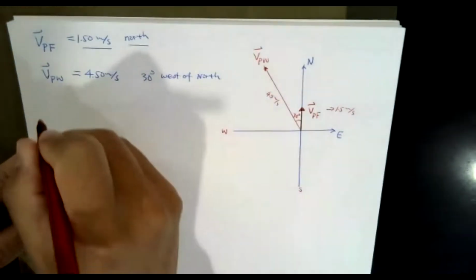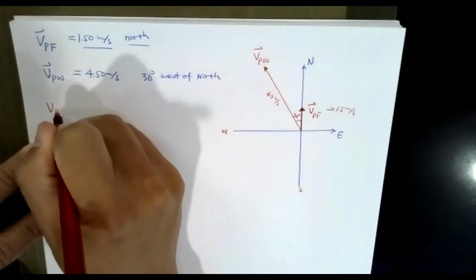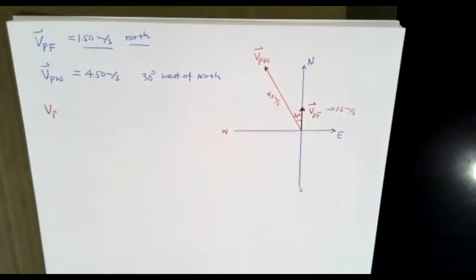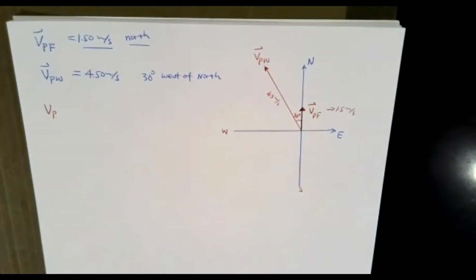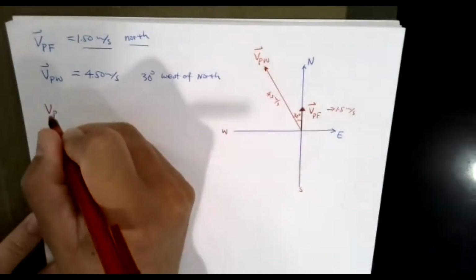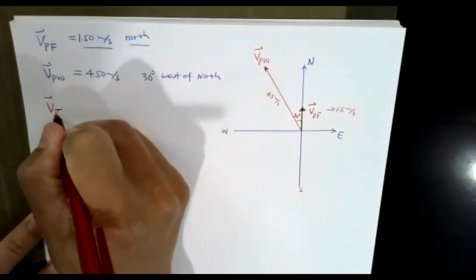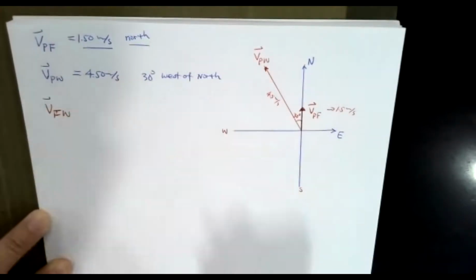Actually, I think it's the ferry with respect to the water. Let me double check. Yeah, the ferry's velocity relative to the water. So we are looking for V of F W.